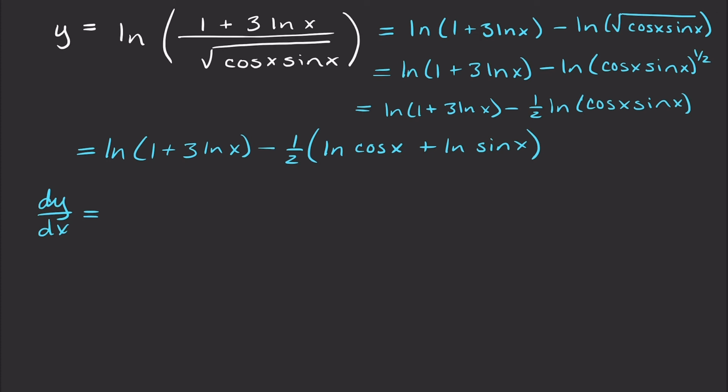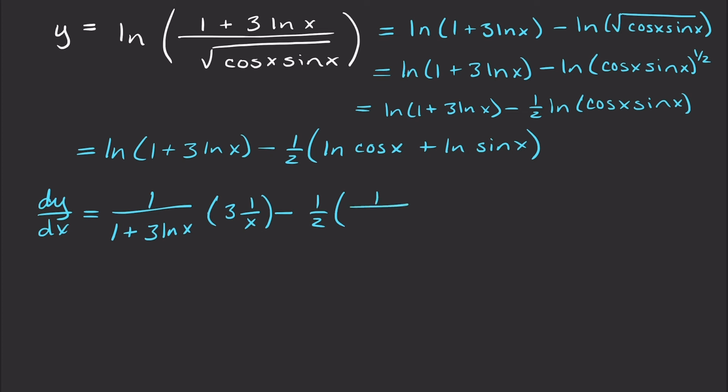So the derivative of the first term is just 1 over everything in the argument of the natural log, or 1 over 1 plus 3 ln of x, times the derivative of the inside. Well, that's just going to be 3 times 1 over x, minus, so maybe I'll put that in parentheses, minus 1/2 of the derivative of the second term.